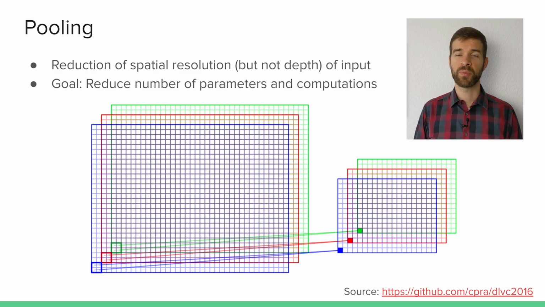Another very important operation that we can have with convolutions in our neural networks is so-called pooling. What pooling does is reduce the spatial resolution of our input, but not the depth. So if we have an RGB image, it will be another RGB image in the next step after pooling, but we reduce it in size.